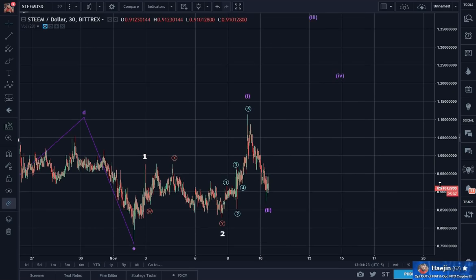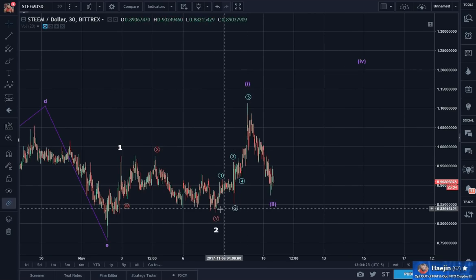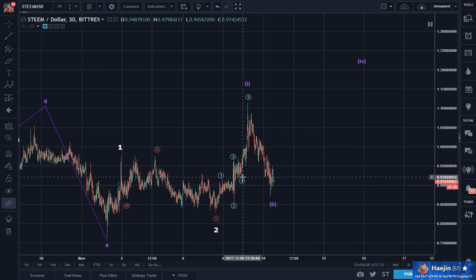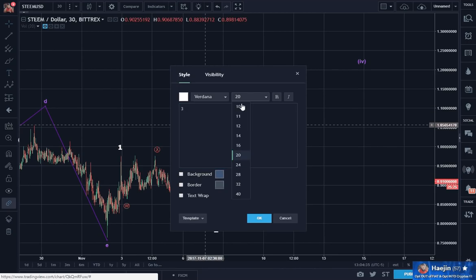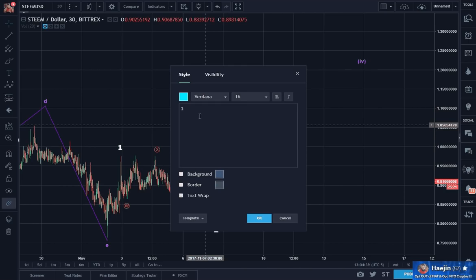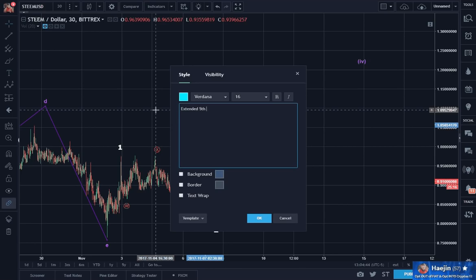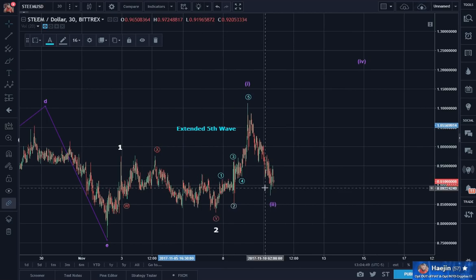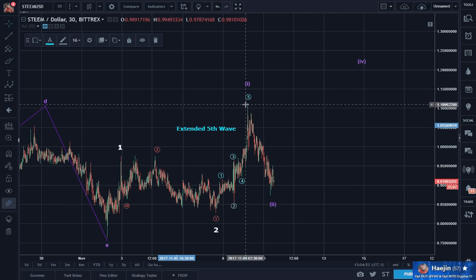Well, let me see if I can help you try and understand that. Let's look at this. You have 1, 2, 3, 4, 5. In this case, you're looking at wave 5 being the longest.